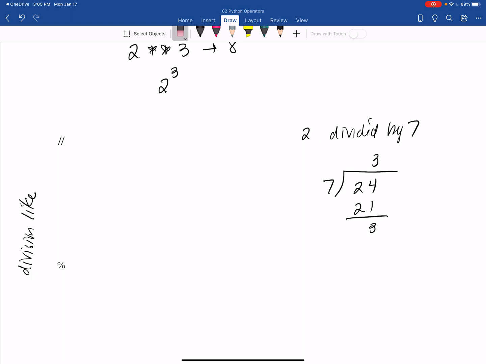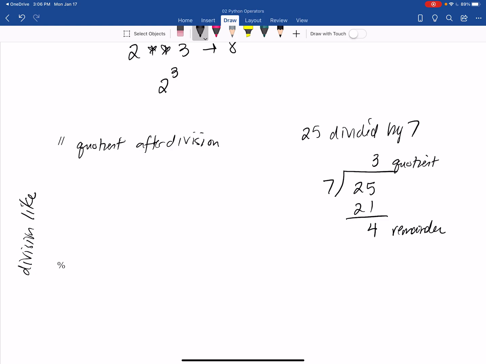Let's try 25 so that the two numbers are not the same. 7 goes into 25 3 times with a remainder of 4. So in this case, my quotient is going to be 3, and my remainder is going to be 4. Well, 3 and 4 are both ints. So these double slashes give you the quotient after division.